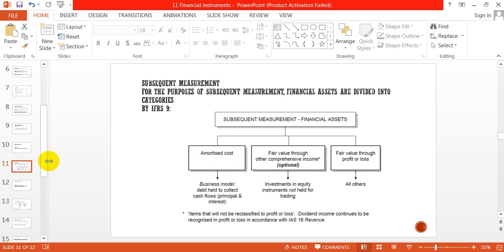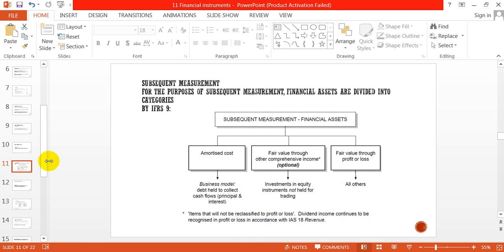Now, just like most of the standards we've looked at, after initial measurement, there is also subsequent measurement. With financial assets, subsequent measurement depends on a number of criteria.